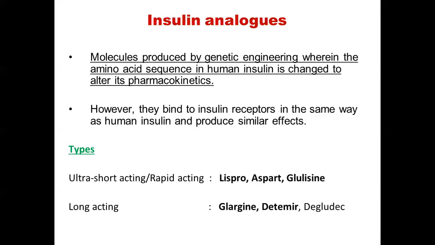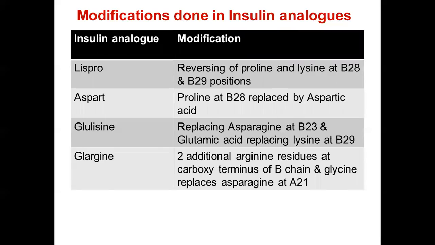These are the examples. So what are the alterations made in these kinds of analogs which give them altered pharmacokinetics? In the case of lispro, there is a reversal of proline and lysine at the amino acid levels at the B chain 28 and 29 positions.